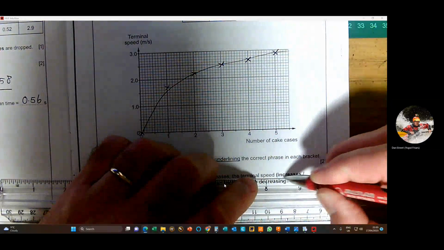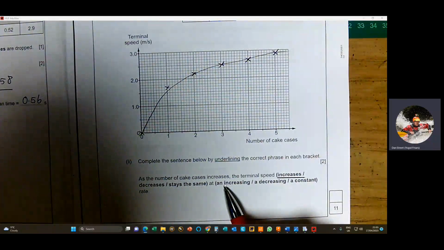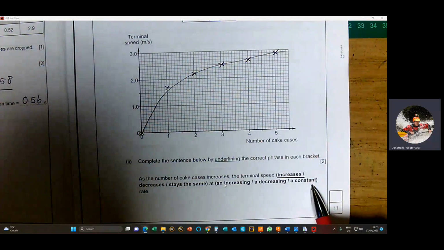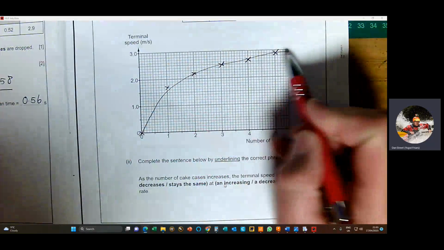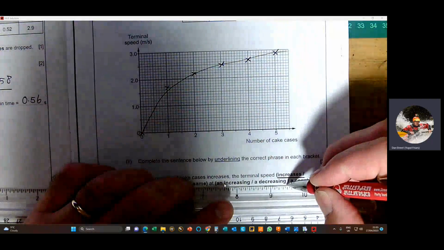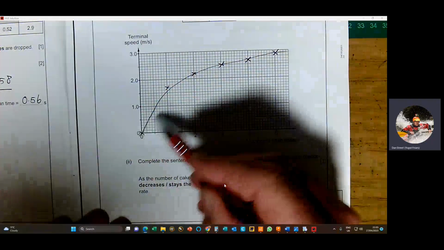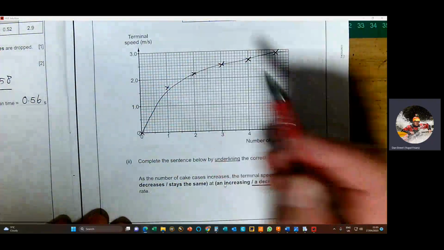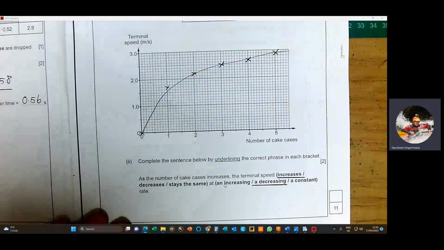However, the next part of the question says at an increasing, a decreasing, or a constant rate. Now this line is getting less and less steep the whole way up. Okay, so that tells us that this is a decreasing rate. Okay, if it was getting steeper and steeper, it would curve in completely the opposite direction, and if it was at a constant rate, it would be a straight line.